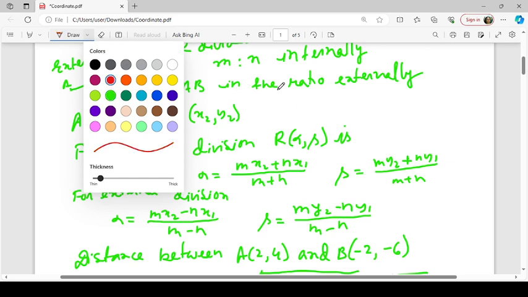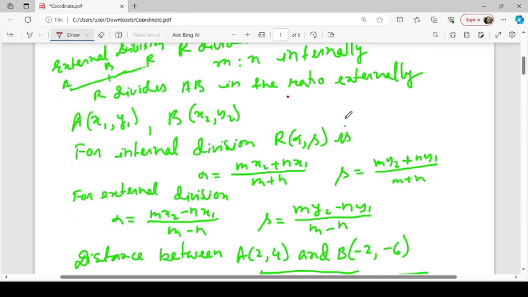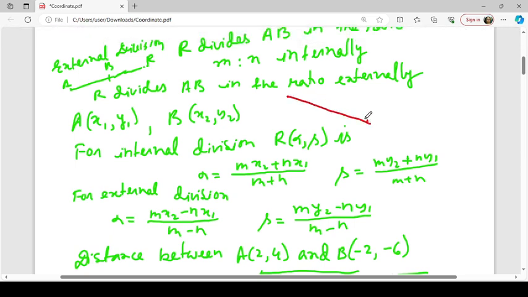Say this is A (x1, y1), this is B (x2, y2).